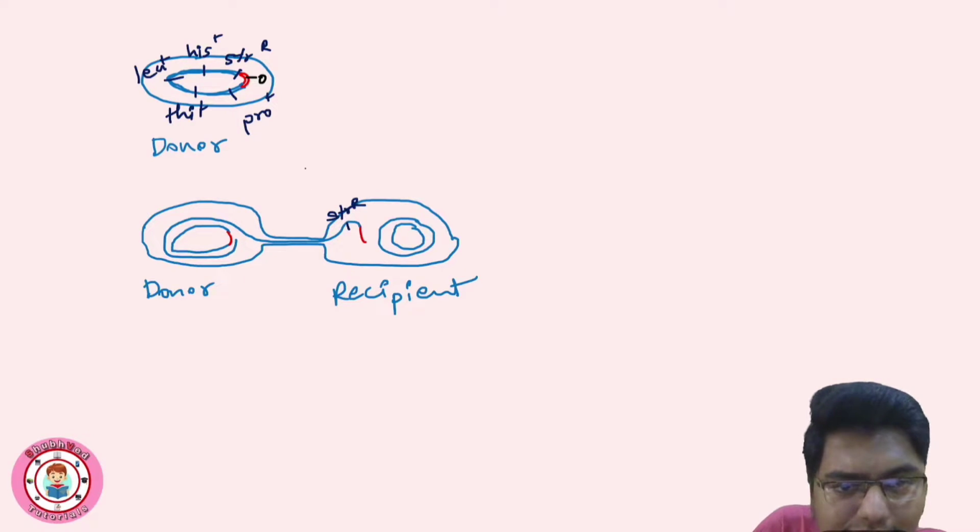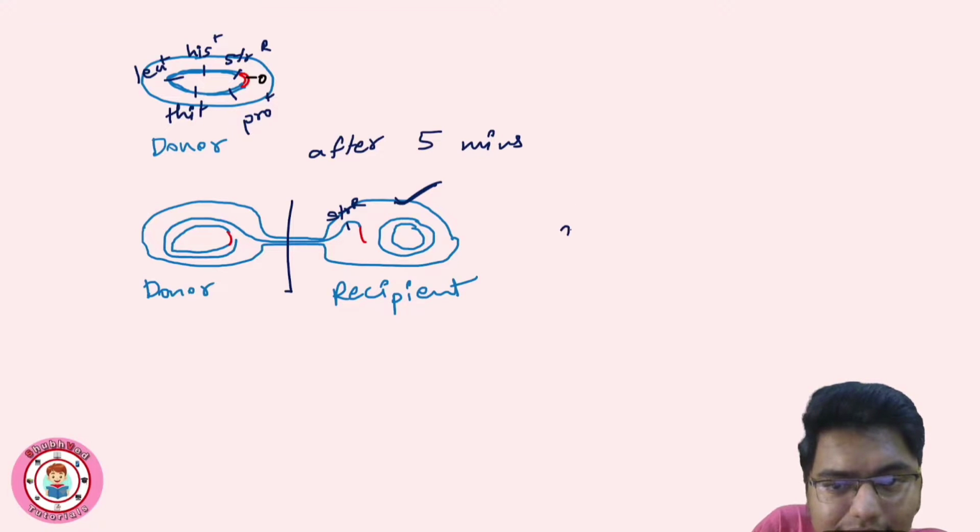Suppose this is after 5 minutes. Now after 5 minutes, we break these pairs. So we will find the STR R gene here first.